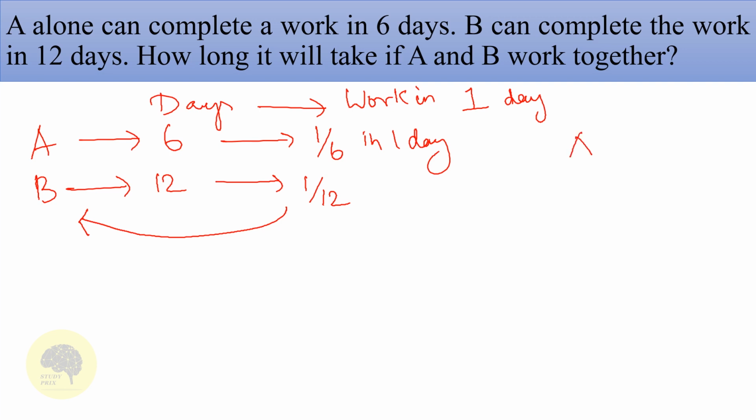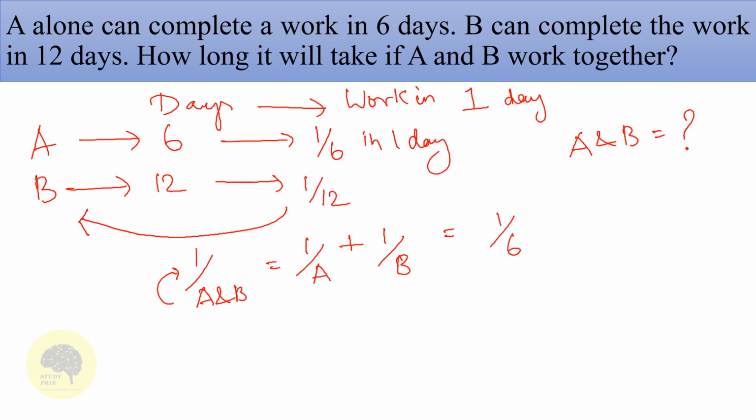What we have to find? We have to find the work done by A and B together. Before finding the work done by A and B together, we have to find out the work done by A and B together in 1 day. Okay, which can be found by adding the work done by A in 1 day plus work done by B in 1 day. Work done by A in 1 day is nothing but 1 by 6 and work done by B in 1 day is 1 by 12.